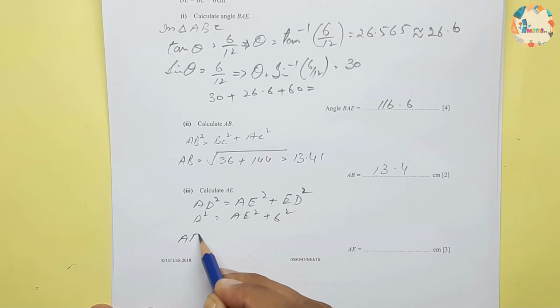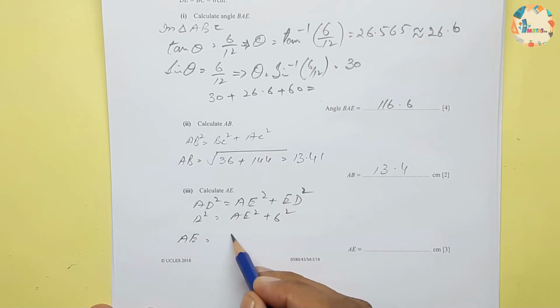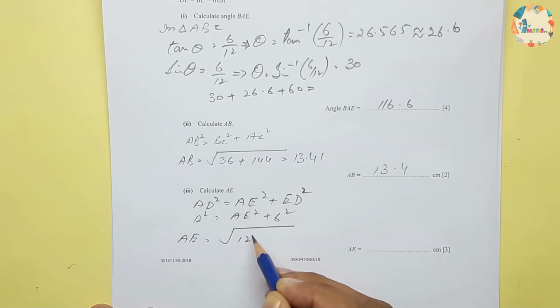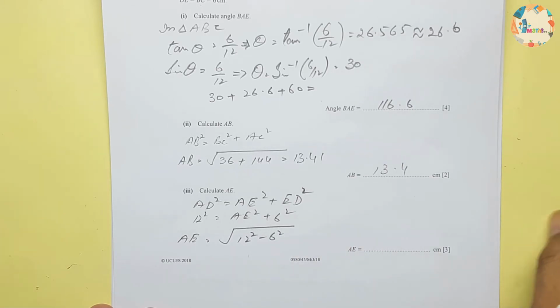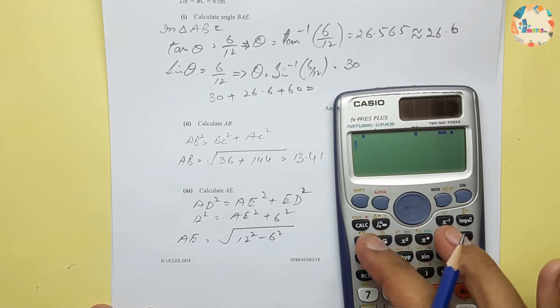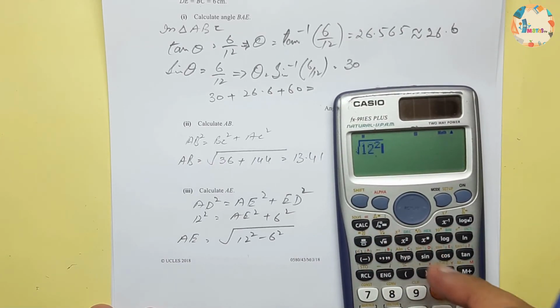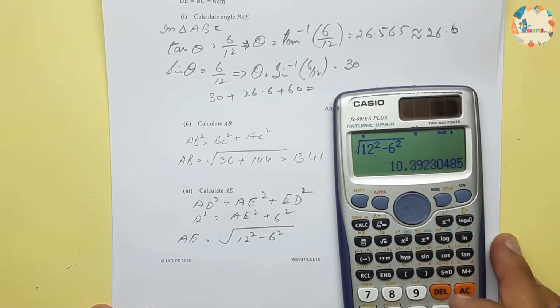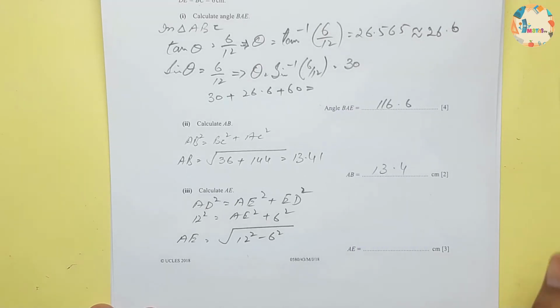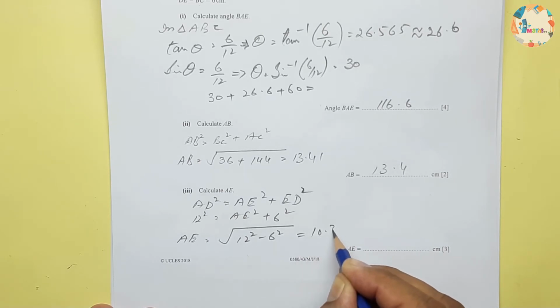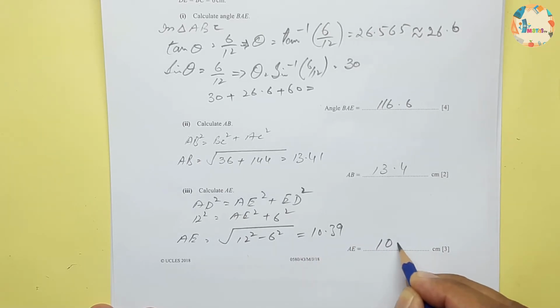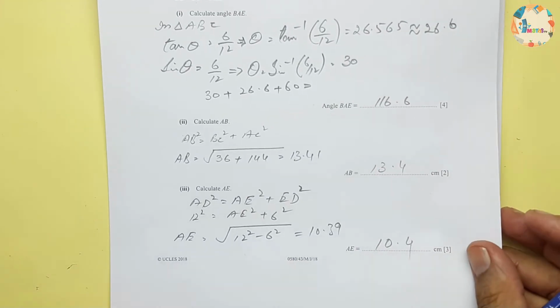So we can find AE, which is equal to root of 12 squared minus 6 squared. So 12 squared minus 6 squared will be equal to 10.39, or we can write 10.4 as the rounded answer.